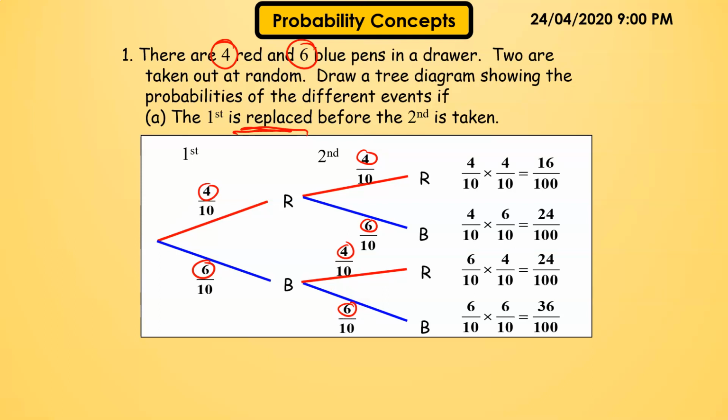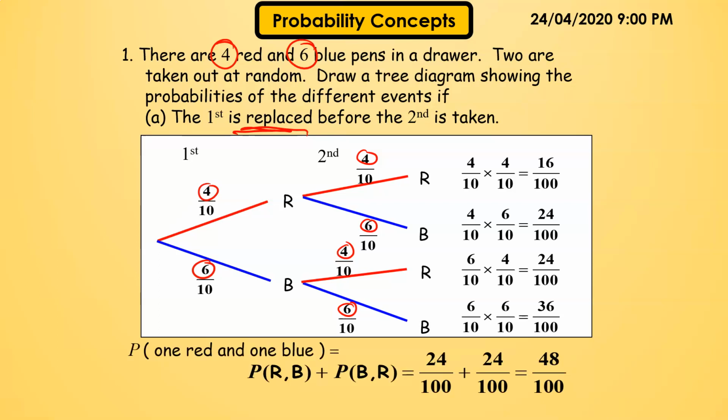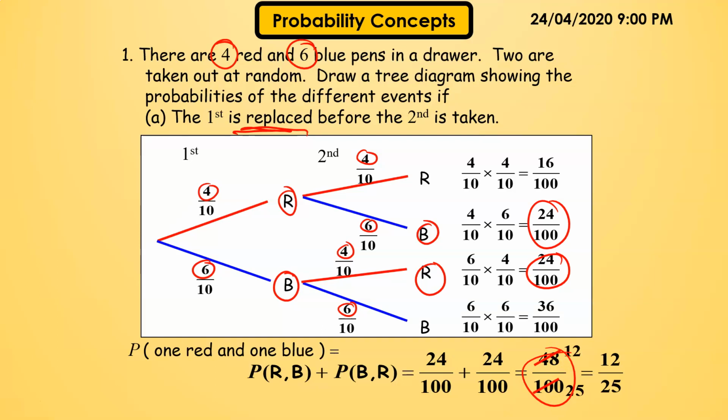So the probability of getting 1 red, 1 blue is 24, 1 blue and 1 red, 24 out of 100. Add together gives you 48 out of 100, which simplifies to 12 over 25.